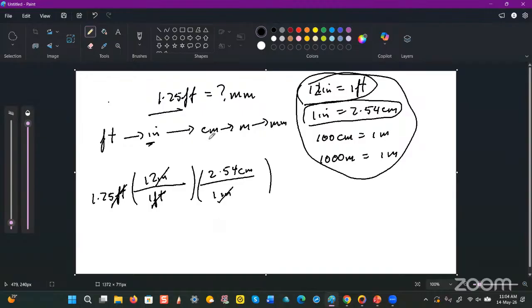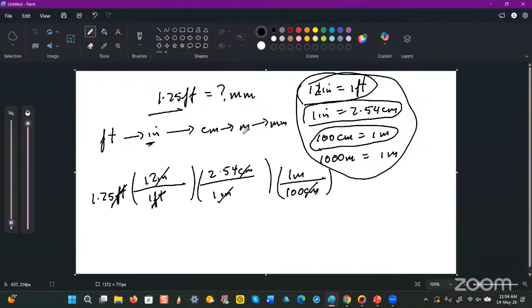But we're not finished yet because now we need to go from centimeters to meters. The relationship between centimeters and meters is 100 centimeters equal to 1 meter. So I'm going to put 100 centimeters down here as the denominator and 1 meter up here as the numerator, so that this centimeter unit will cancel out with that centimeter unit, all right?